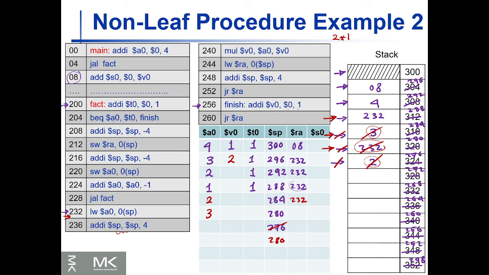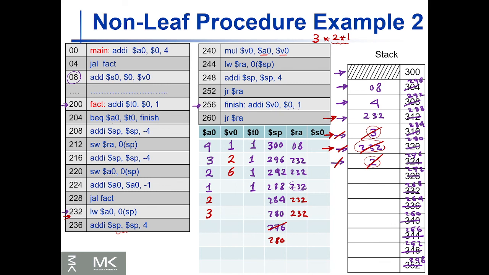Mul A0, which is now 3. And what is V0? V0 is 2 multiplied by 1, which is 2, of course. So this will be 3 multiplied by 2 multiplied by 1, which is 6. Load word RA SB, now RA changes to 232.